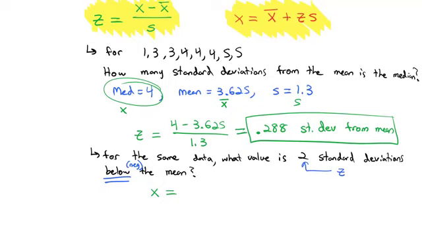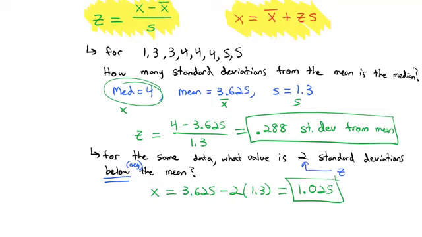So x is equal to the mean, x bar of 3.625, minus 2, because we have negative 2 standard deviations below the mean, times the standard deviation of 1.3. And that gives us 1.025.